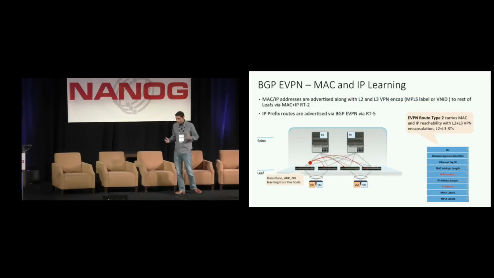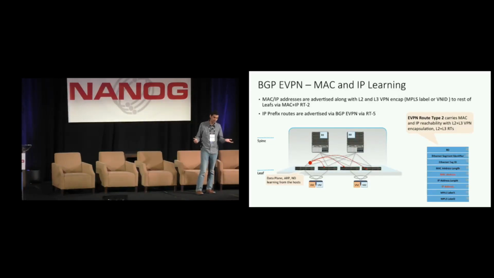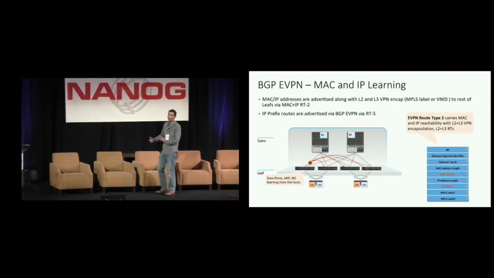Now, if an EVPN instance is stretched across multiple leaves in the data center, which means you have a layer 2 VPN overlay that stretches the layer 2 across multiple leaves, then all the MACs in that EVPN must be advertised to all the other leaves that are part of that EVPN instance and installed in the corresponding MAC VRFs on all of those leaves.